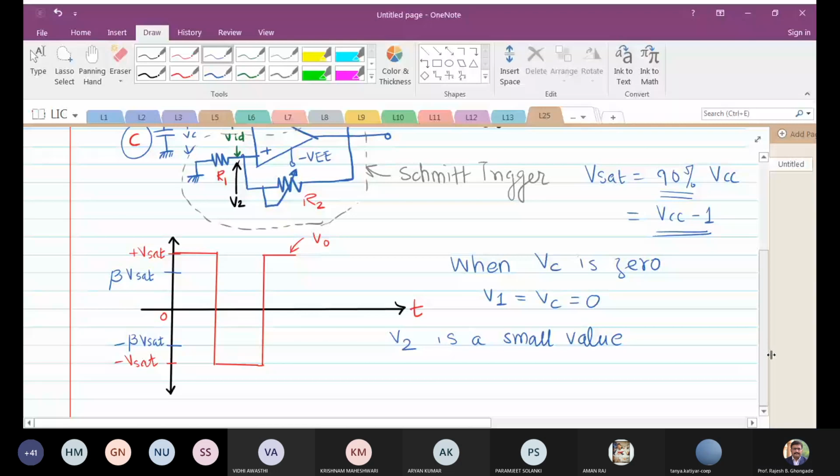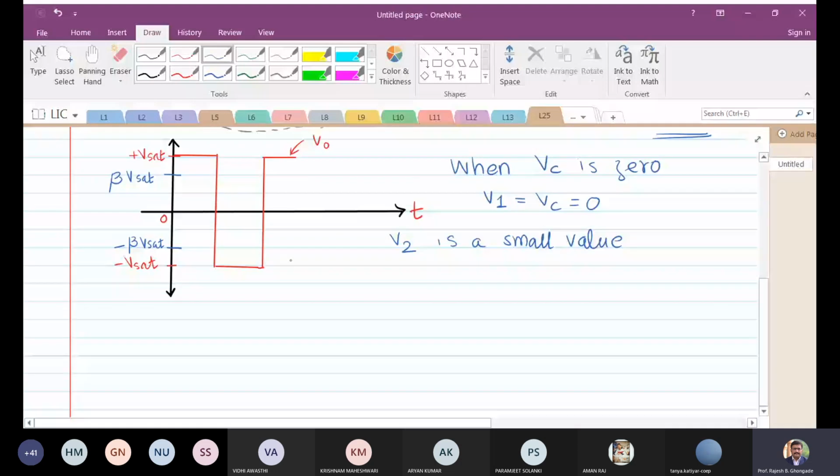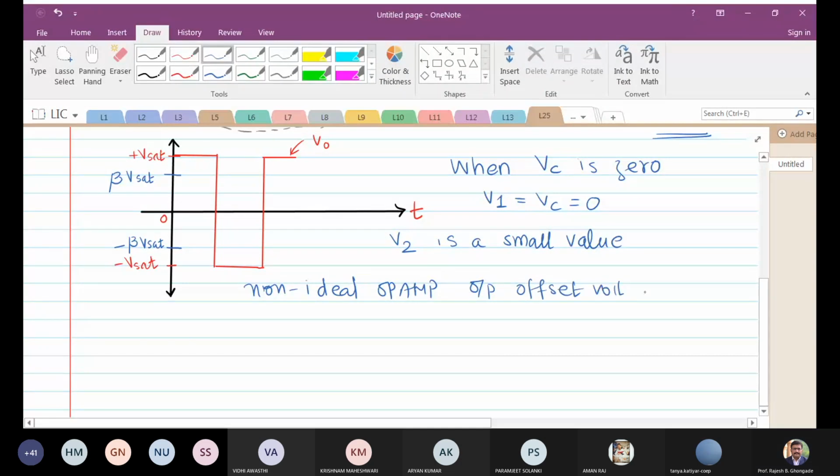Because we are not looking at an ideal operational amplifier. A non-ideal or practical op-amp is going to have what is called the output offset voltage. Have you forgotten this?